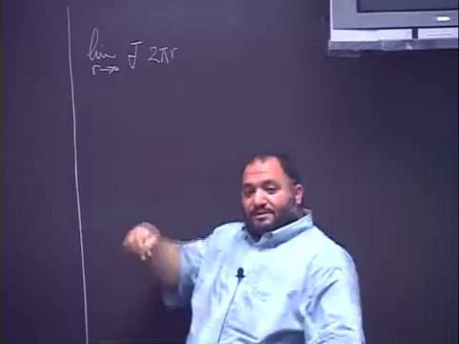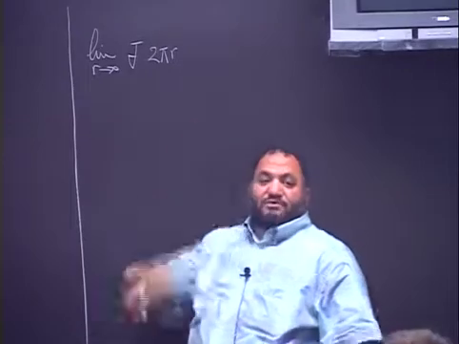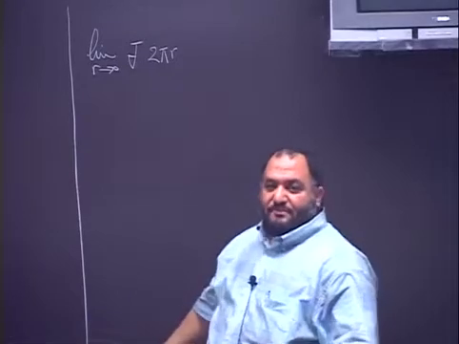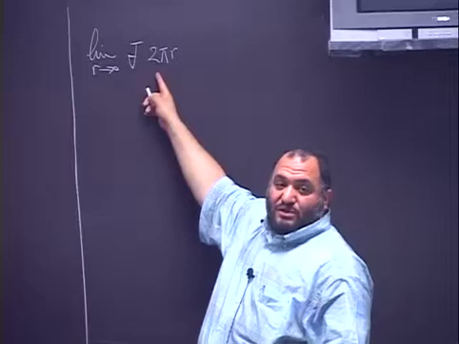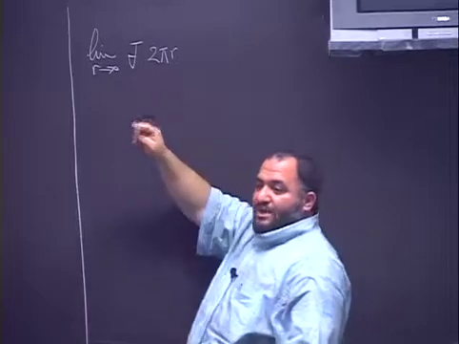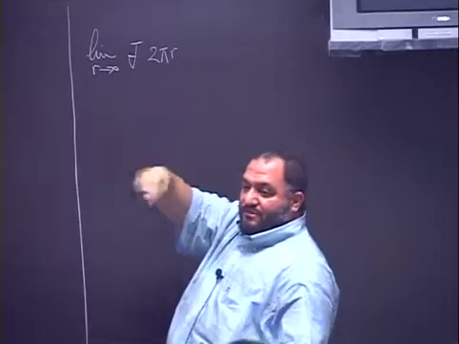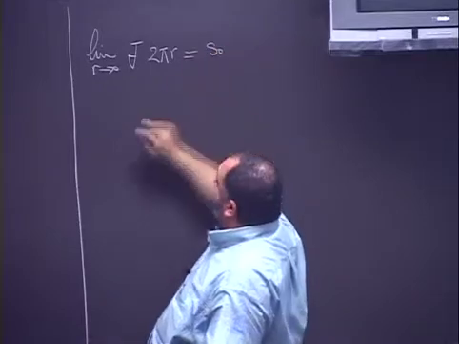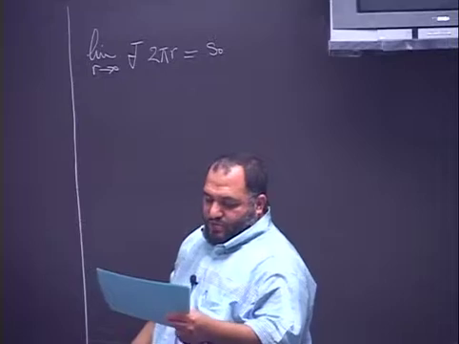What's 2 pi r? Circumference. And because I have a unit length in the z direction, this is the area. So this will be the total number of neutrons per unit length of the source, and this is equal to S naught as r goes to 0.